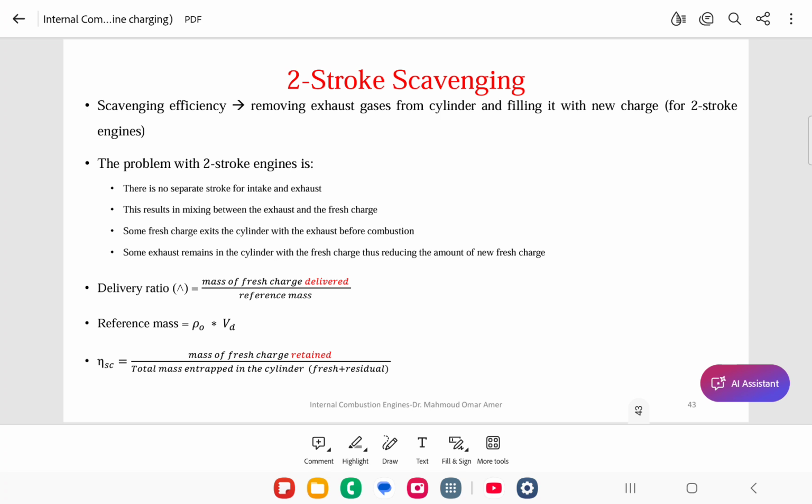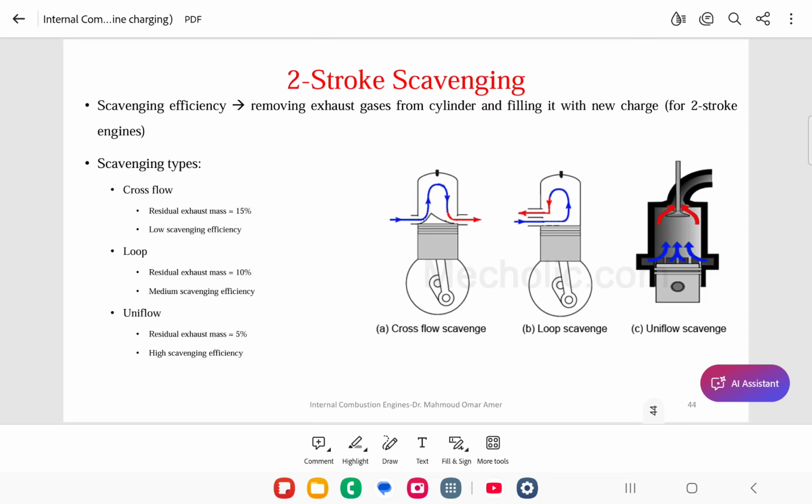The maximum value for the scavenging efficiency is 1, which means that all the exhaust was discharged from the cylinder and all the trapped mass inside the cylinder is fresh charge, which is an ideal case that never happens. So the scavenging efficiency can never exceed 1, but of course we need it to be as close to 1 as possible.